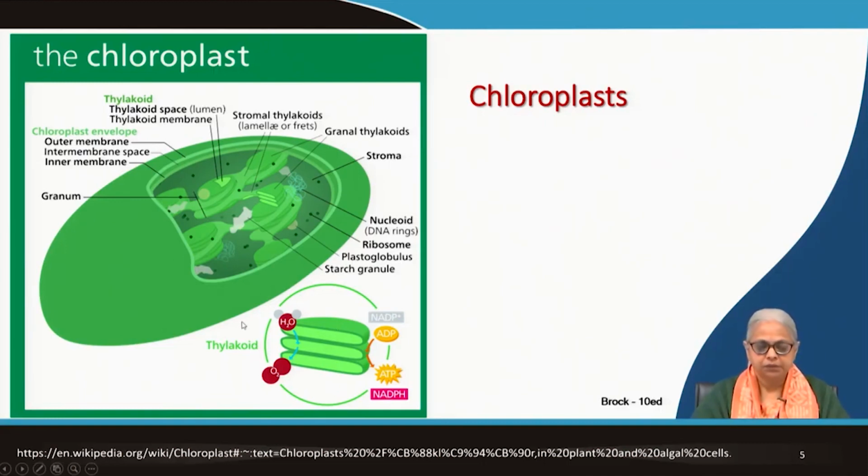The nucleoid is freely floating throughout the stroma, as are the ribosomes. And you also have storage granules like starch granules and so on.